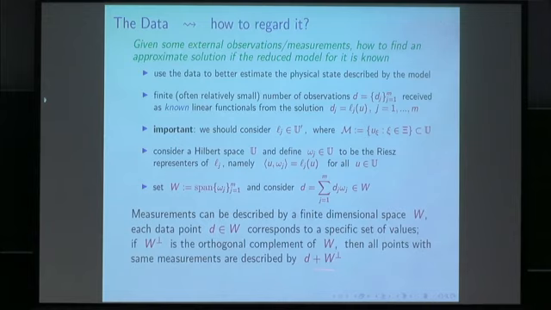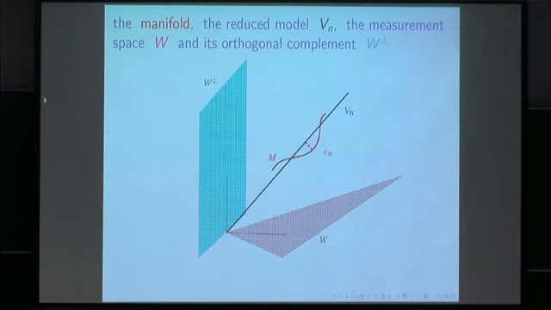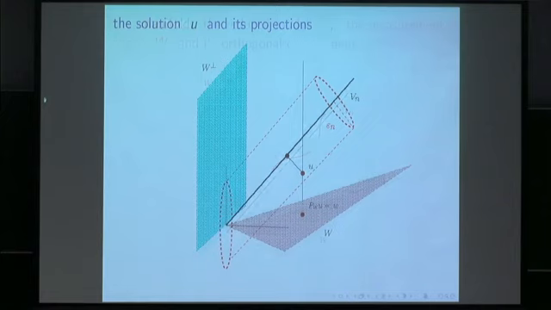This is the infinite dimensional space which is perpendicular to W. So in a sense, if we have our manifold here and our approximation Vn, our solution is within some distance epsilon n from Vn, and we know that it projects on a point in W.